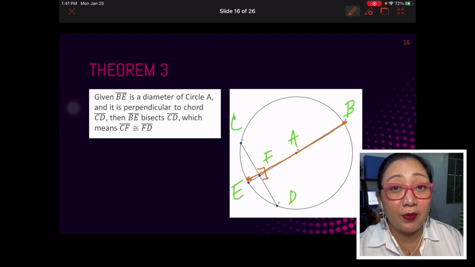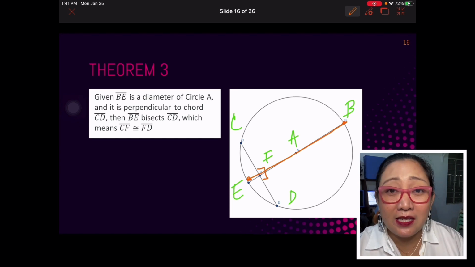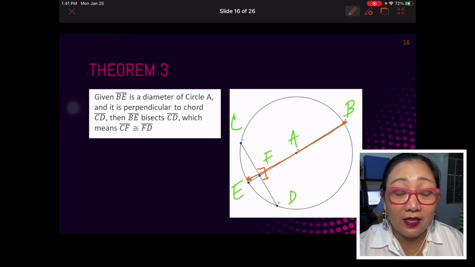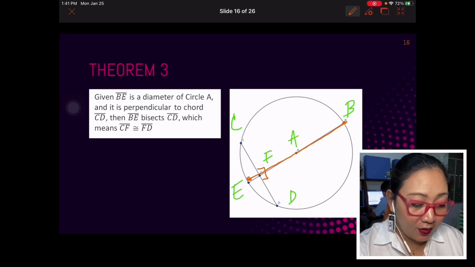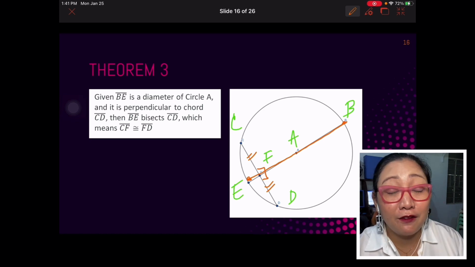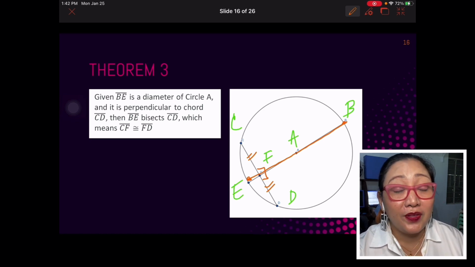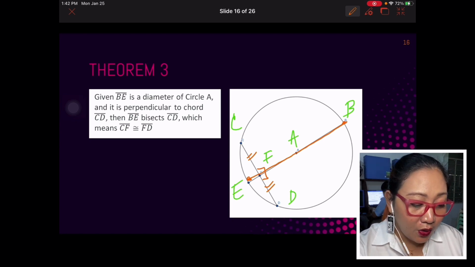Kung sila daw ay perpendicular, then, yung ating BE, binabisect daw niya si CD. Anong sabihin ng bisect CD? It cuts CD into two equal segments. Okay? So, ibig pong sabihin, si segment CF at saka si segment FD ay pareho po. Now, hindi lang yung chords yung nababisect niya. Nababisect din po niya yung arc.